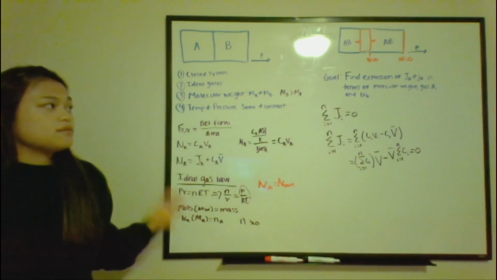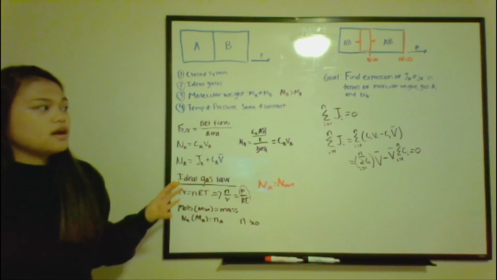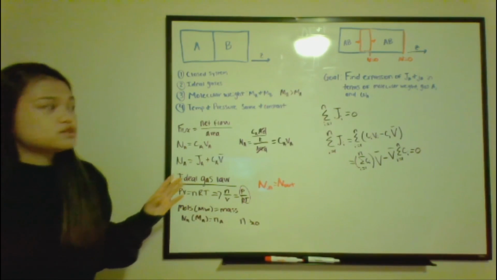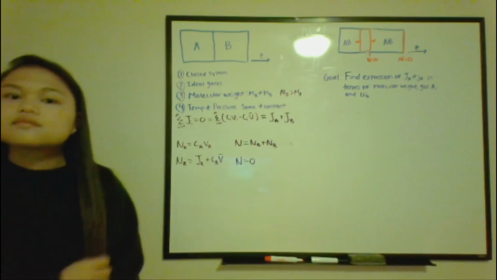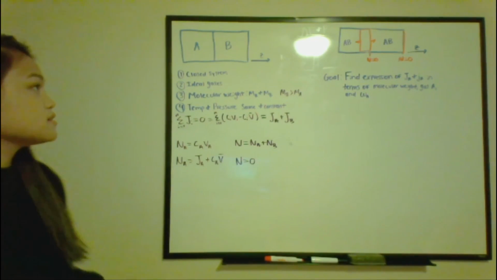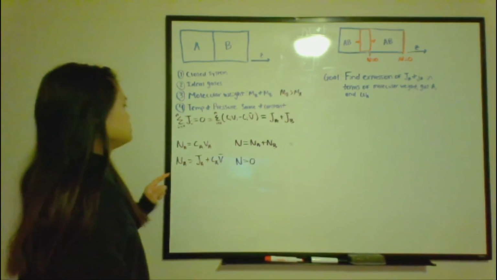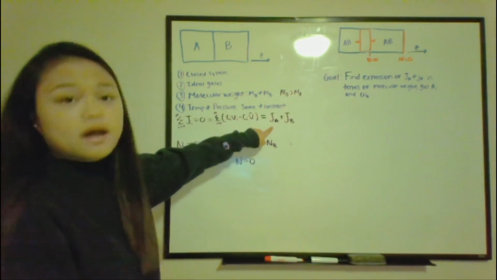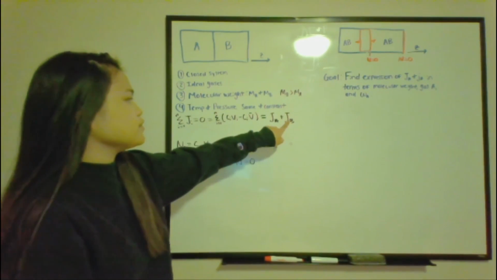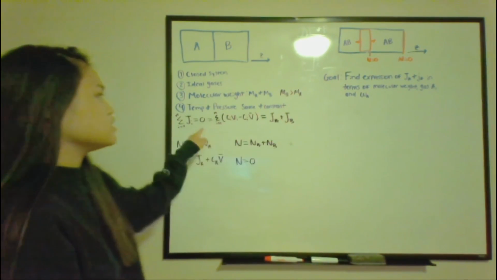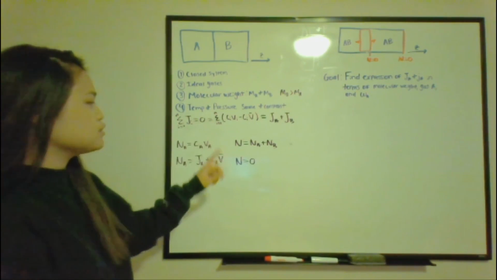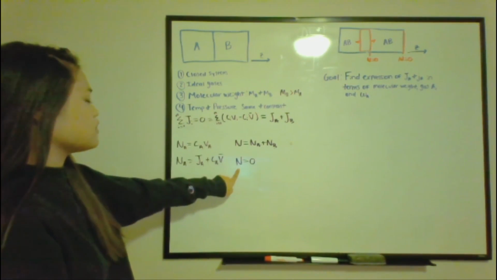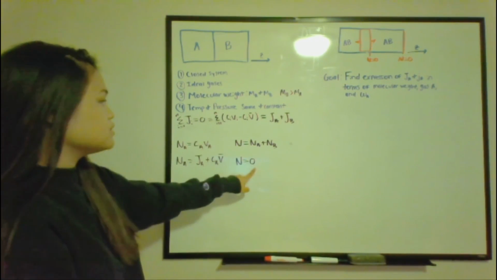Okay, so now I'm going to erase the whiteboard, and then we're going to talk about the molar diffusive flux and the mass diffusive flux and find one expression so we can achieve this goal. Okay, so now we're back. I also added that the molar diffusive flux of A plus the molar diffusive flux of B is going to equal 0. And then I also put that the net molar flux is going to equal 0.